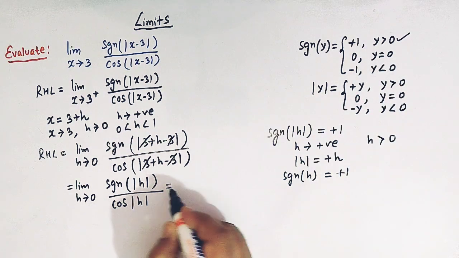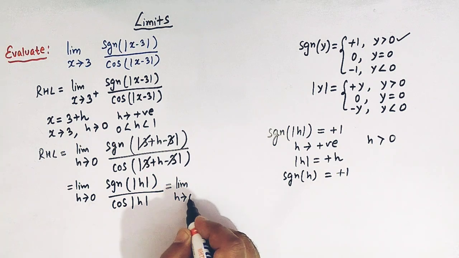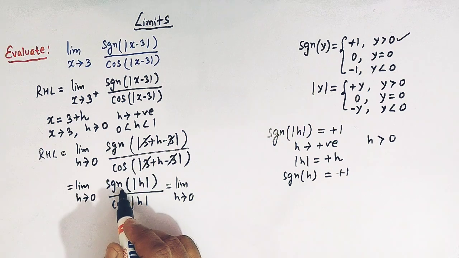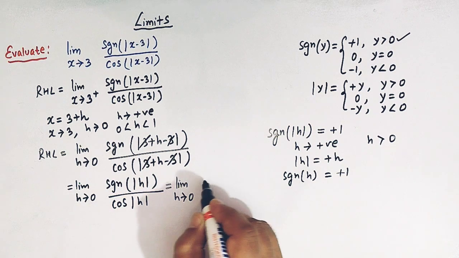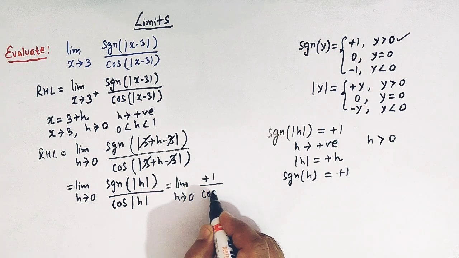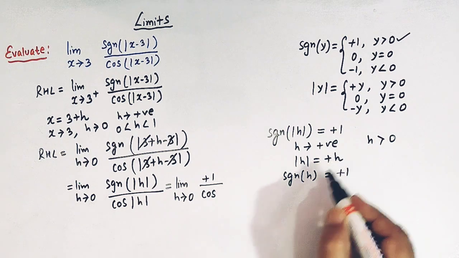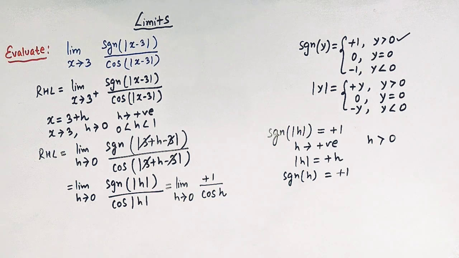Now this limit can be written as the limit h tends to 0, where signum of mod of h is simply plus 1, and in the denominator we have cosine of mod of h. Mod of h can be written as positive h or simply h, right?